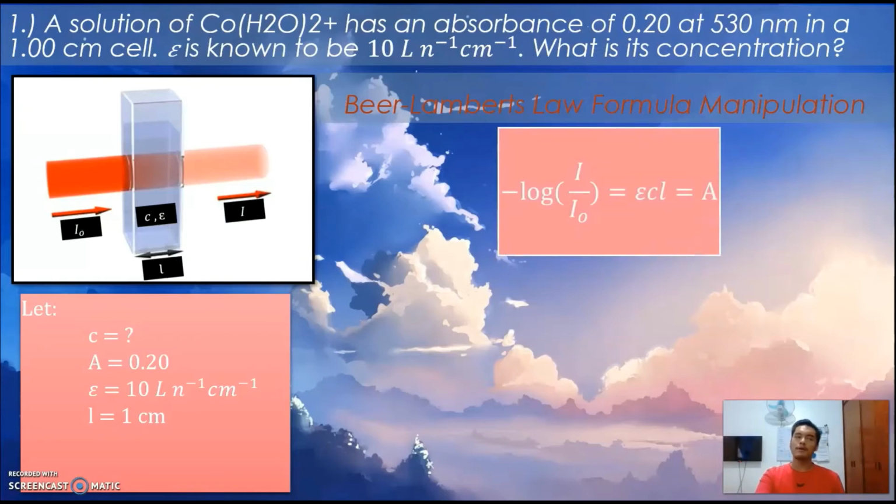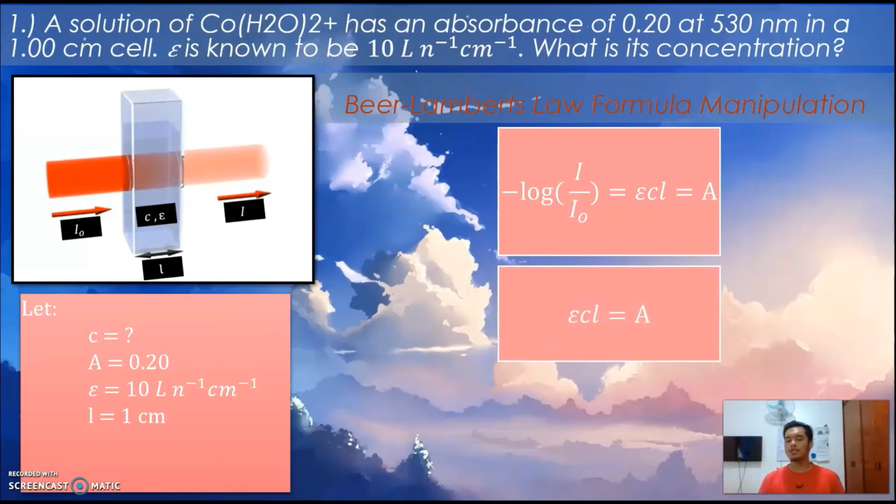If we remember Beer-Lambert's law, we have epsilon, A, and L, but we don't have C, I, and IO. That means we don't need to use the negative log I over IO part of the equation. Since A is equal to epsilon CL, we can just use this part.